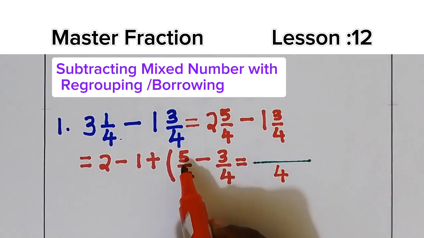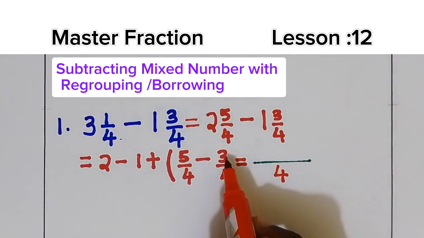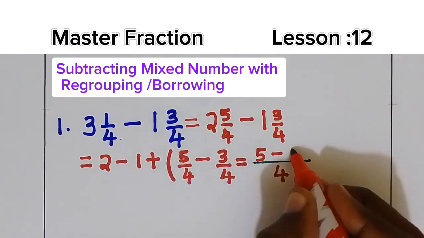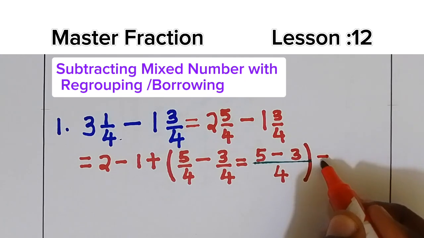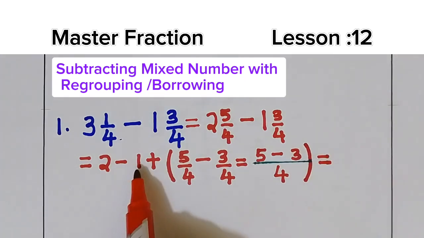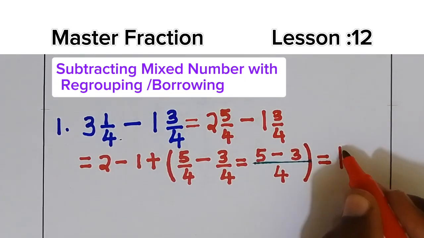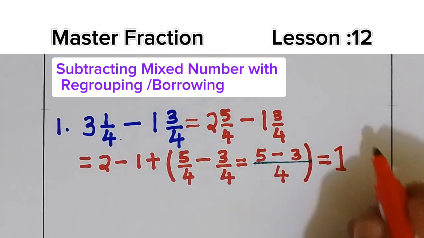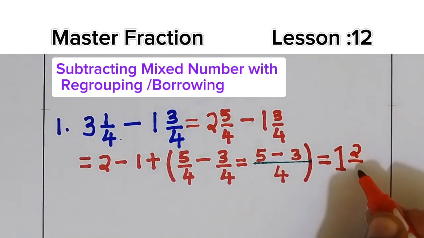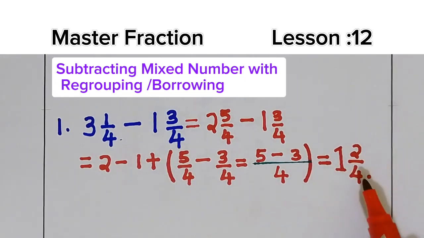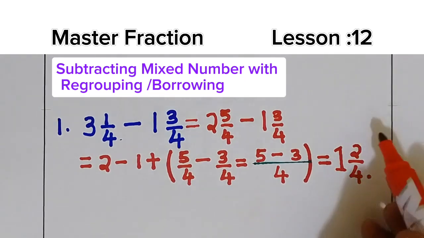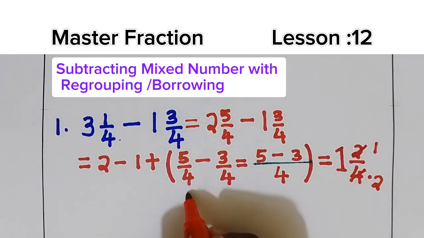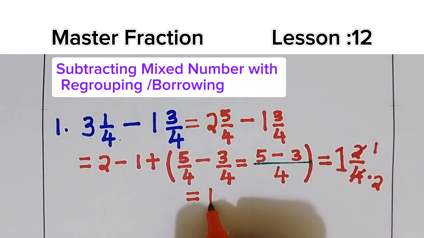Now we take the numerator, take away numerator. That is 5, take away 3. This will be equal to 2 take away 1, which remains 1 whole number. 5 take away 3 will remain 2 over 4. But we can simplify this answer. By 2 we get 1, by 2 we get 2. So our answer will be equal to 1, 1 over 2.